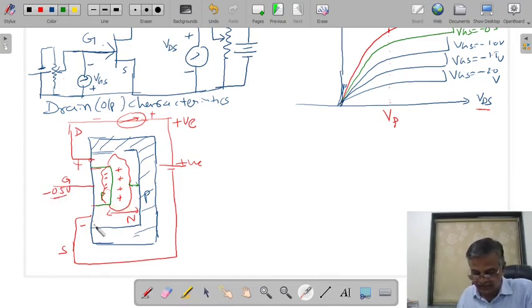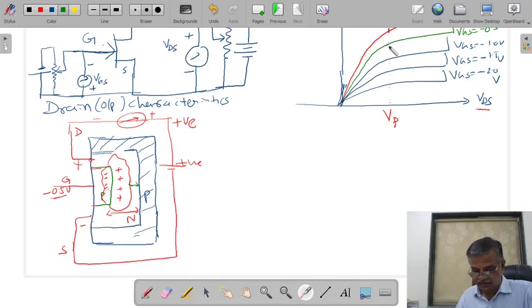Now as you give minus 0.5, due to this depletion layer, this width decreases. As a result, a smaller number of electrons will go here, so drain current decreases from this point to this point.